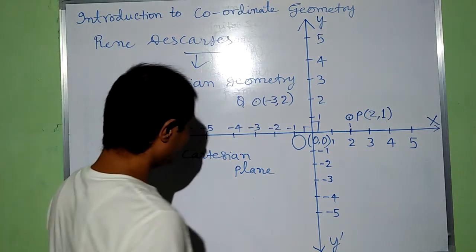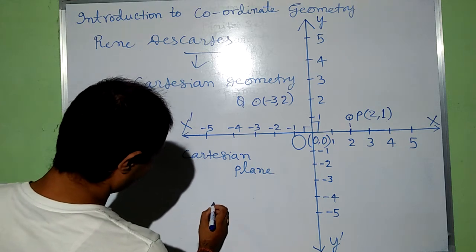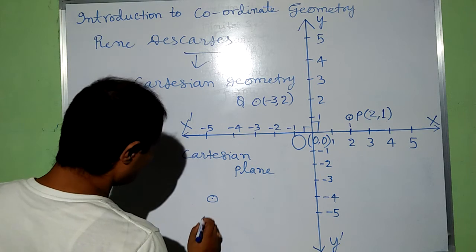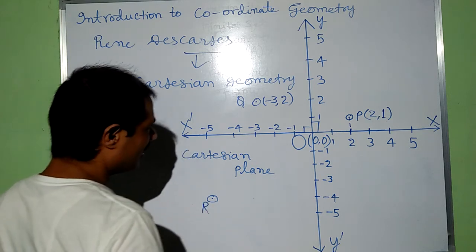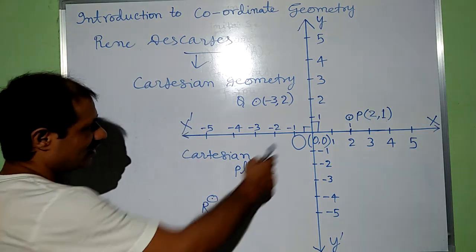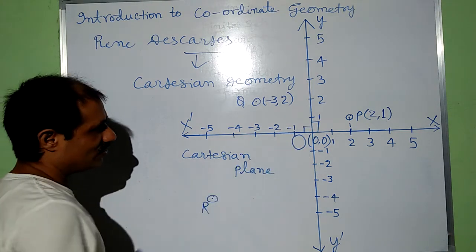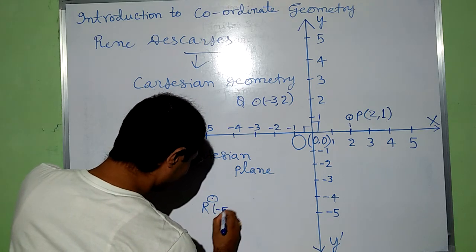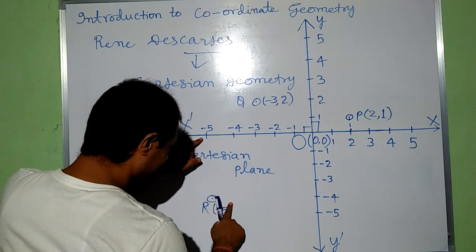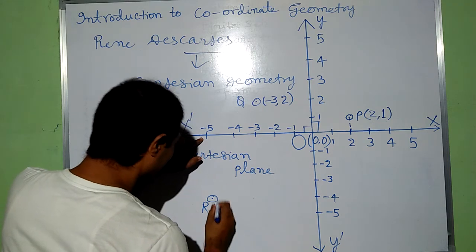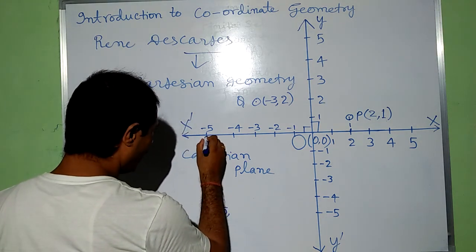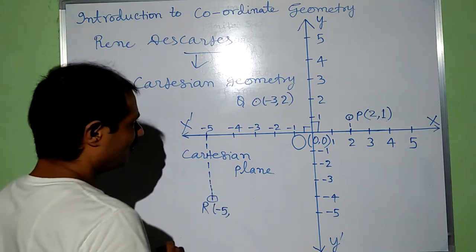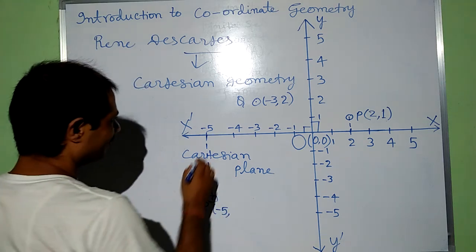In the same way, suppose this is point R. Its distance along the x-axis from the origin is -5, or perpendicular distance from the y-axis.